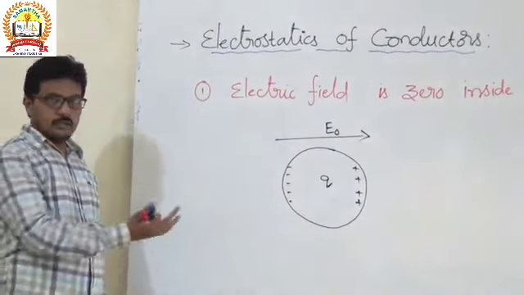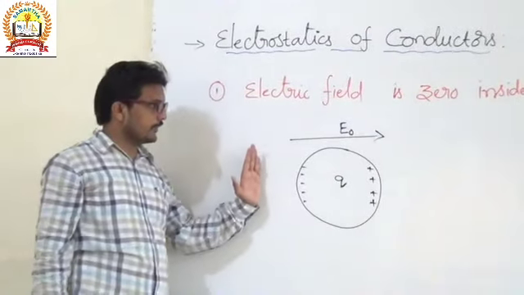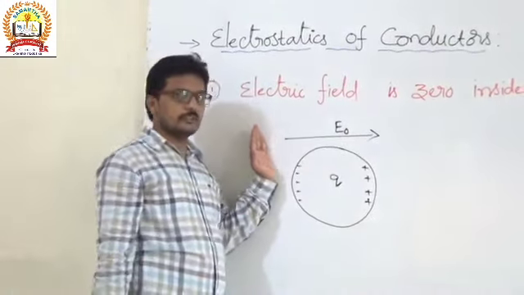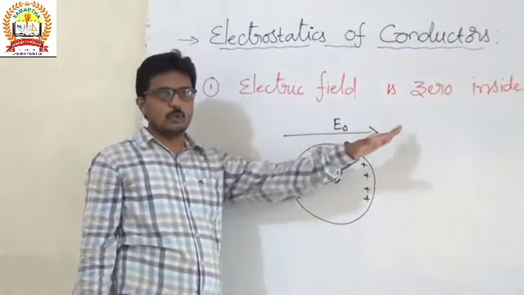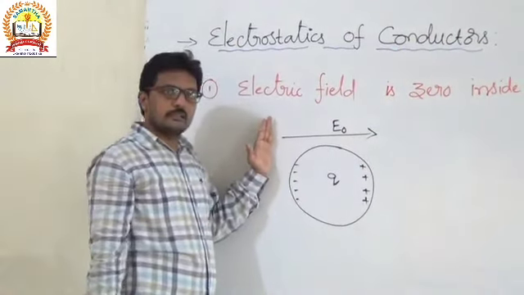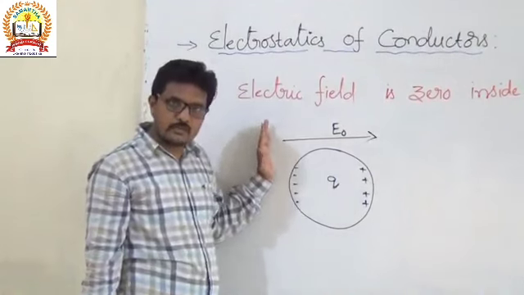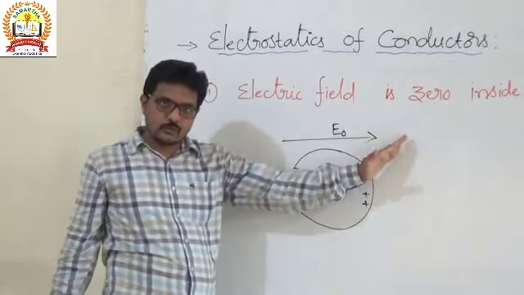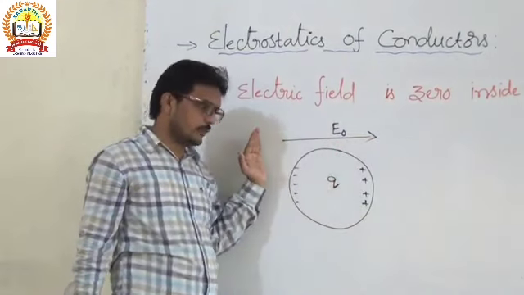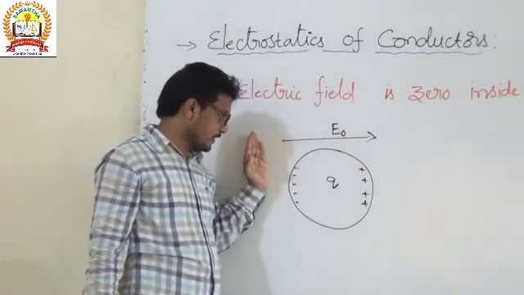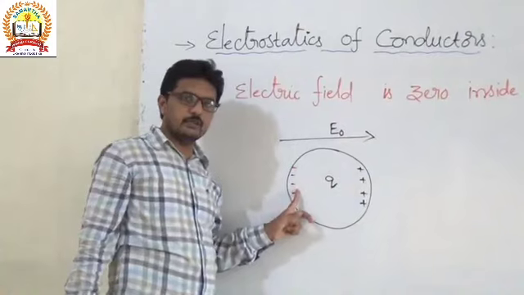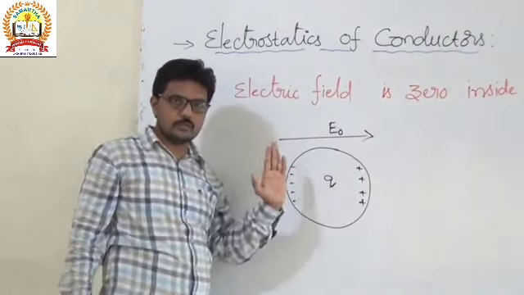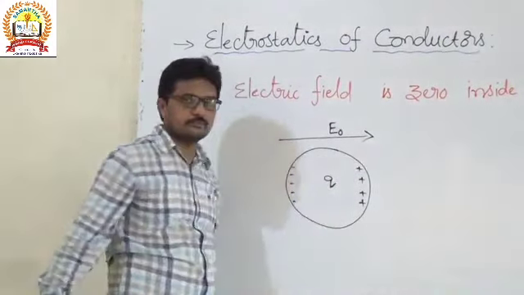We know that the electric field always moves from higher potential to lower potential, and here the positive charge is at higher potential and the negative charge at lower potential. Due to the induction process, the positive charge is attracted by the negative charge, so they are separated.